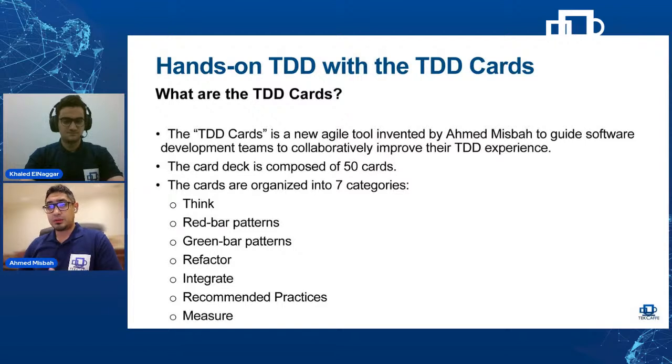Those are based on our enhanced TDD mantra and a couple of other things as well. So these are think, red bar patterns, green bar patterns, refactor, integrate, recommended practices, and measure. Each category has a number of cards that describes recommended practices or patterns under each category.